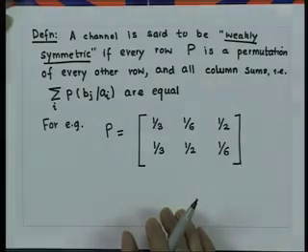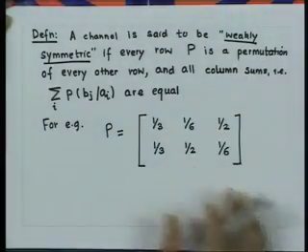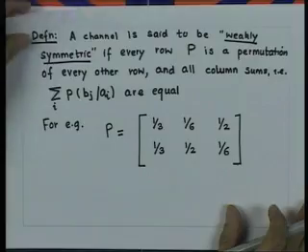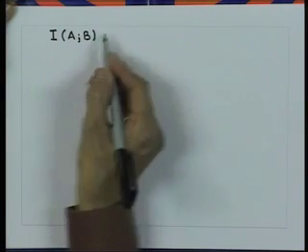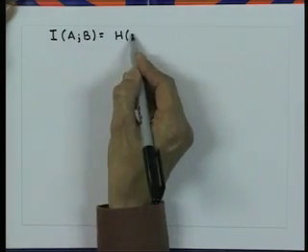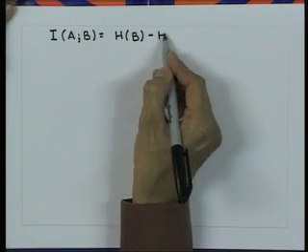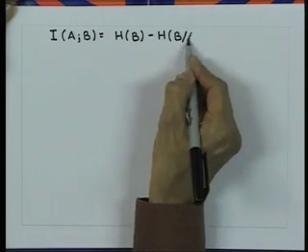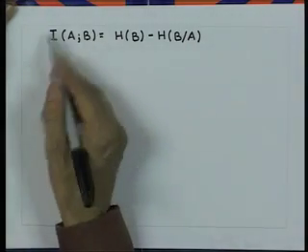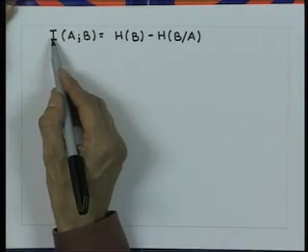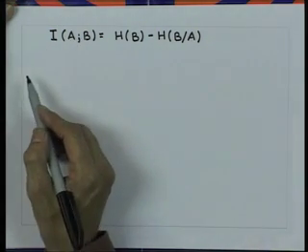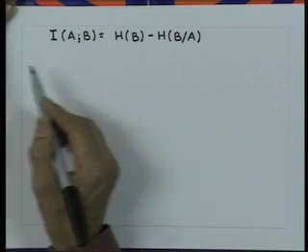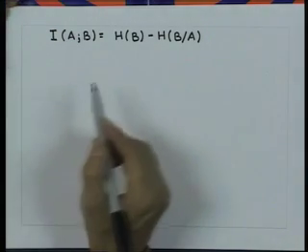Let us calculate the capacity for a weakly symmetric channel. Mutual information by definition is equal to H(B) minus H(B given A), and capacity of a channel is the maximum of I(A;B) over input probabilities.